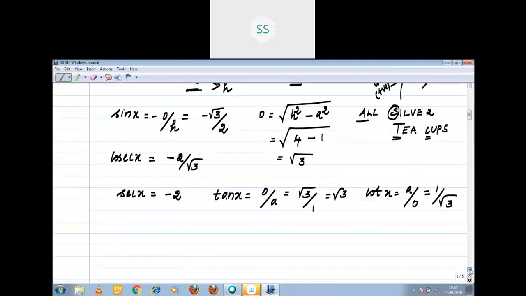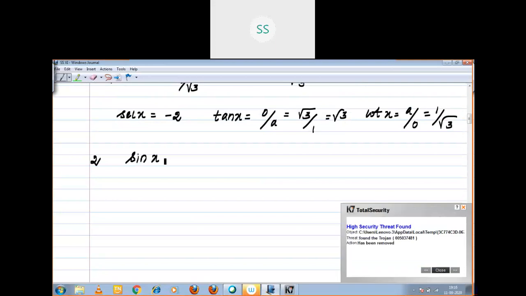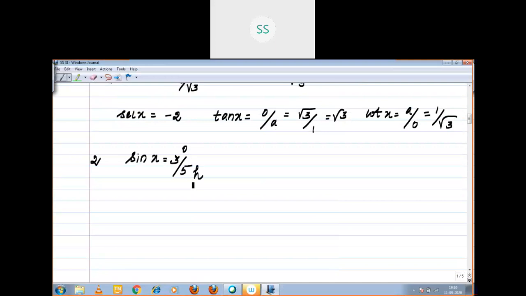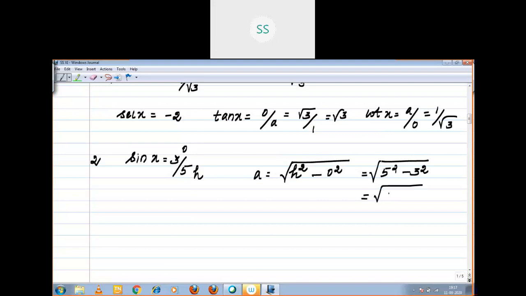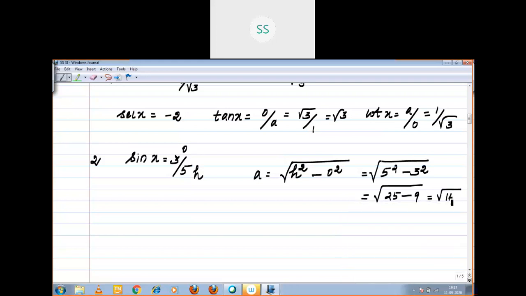Now we are going to move to question number 2. In question number 2, you see sin x equal to 3 by 5, that is opposite by hypotenuse. These numbers are a Pythagorean triplet, right? Adjacent equals square root of hypotenuse square minus opposite square, which is square root of 5 square minus 3 square, root 25 minus 9, which is square root of 16.